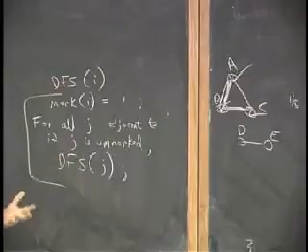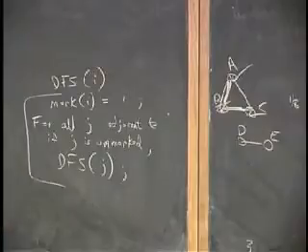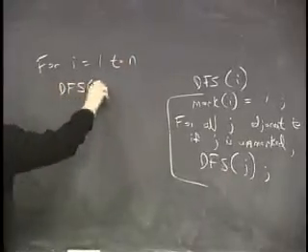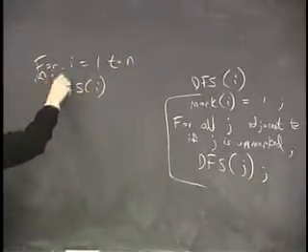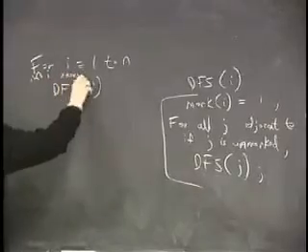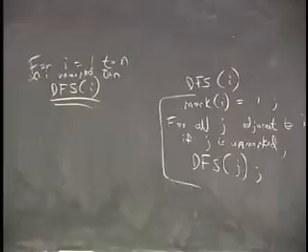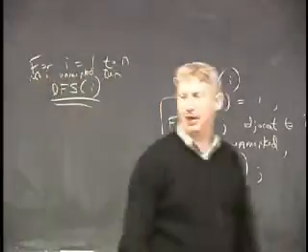So what do we do? To really make a depth first search skeleton, you have to wrap your depth first search algorithm in a little loop that goes through all the nodes. It says if I is unmarked, then do depth first search of I. Otherwise, skip it.